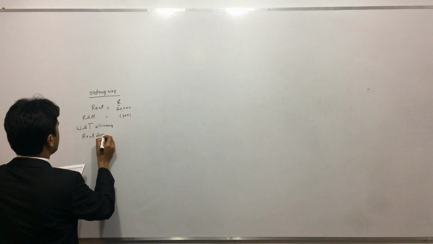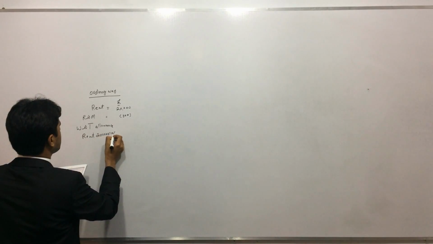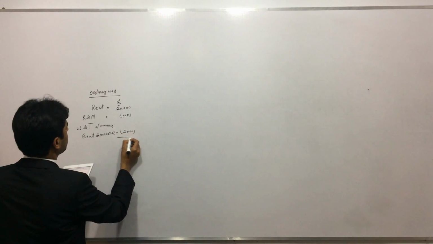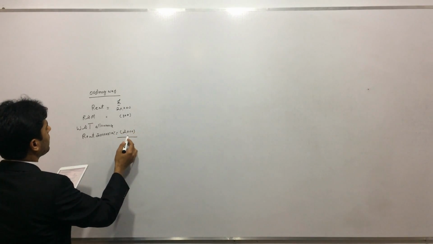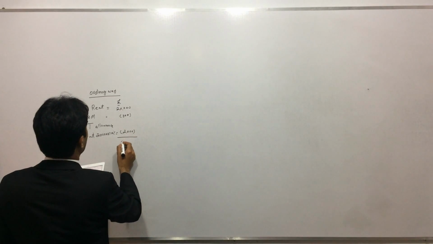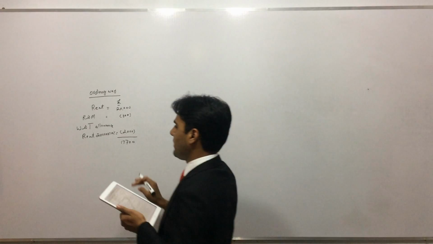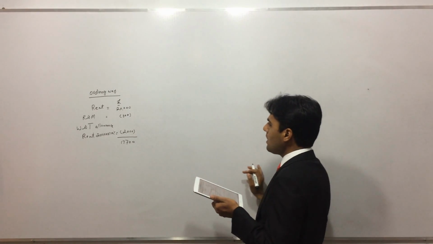How much is it? It is £20,000, and we take 10% of it. It comes to £2,000. We also have to deduct this one as well. So if we deduct 2,000 out of it, it is 18,000, 17,700. I think the answer is 17,700 if we deduct these two expenses out of it.